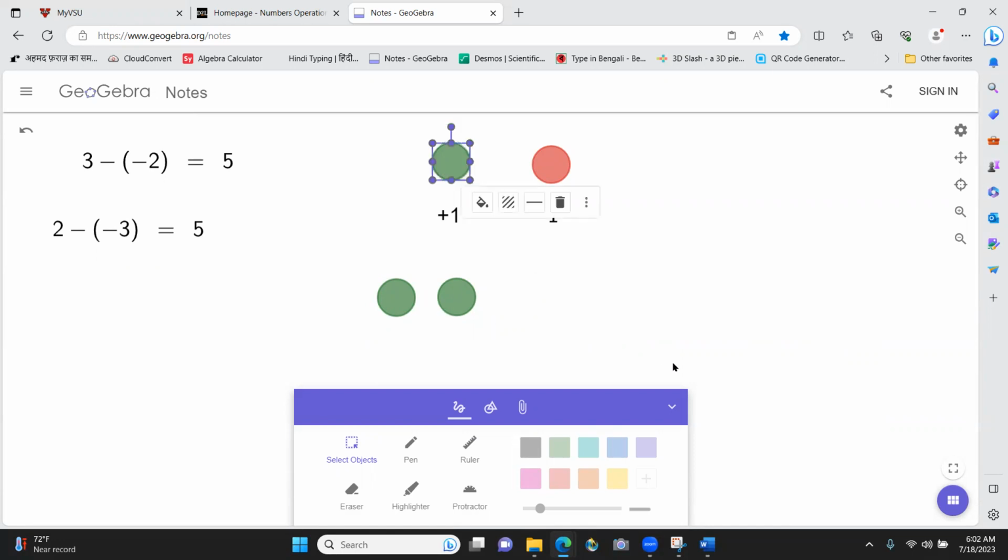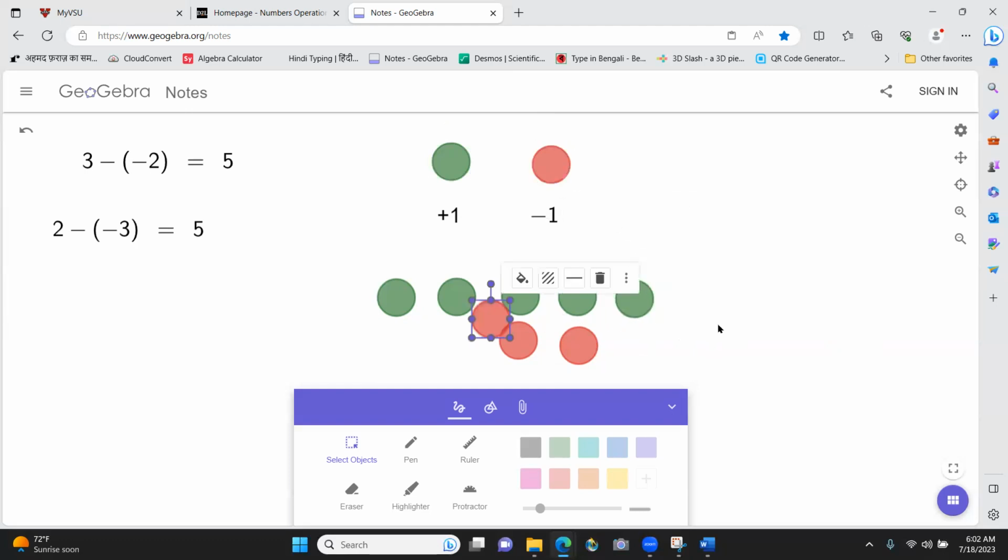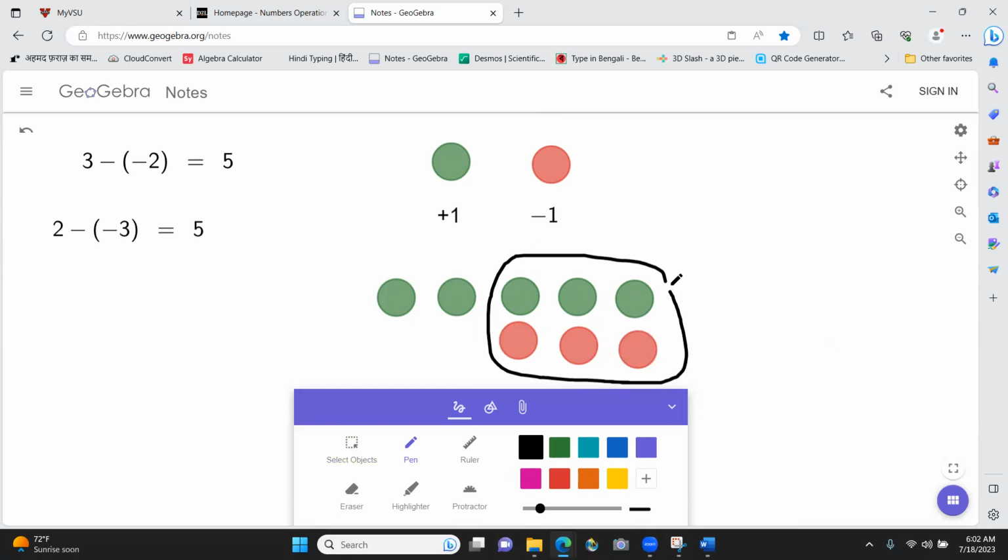So I'm going to make a pair of red and a green circle because they together are worth 0. Another pair. Again, I got a 0. Now I still have 2 green circles because all of this is worth 0.